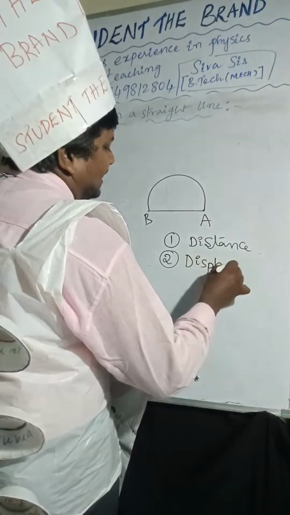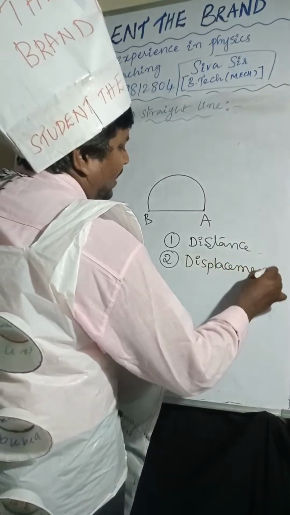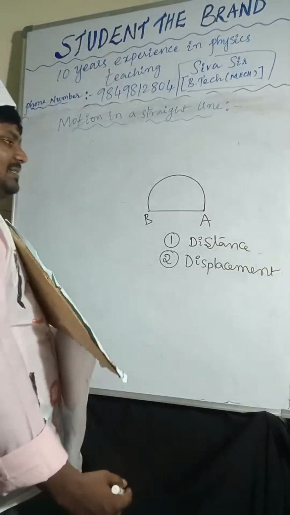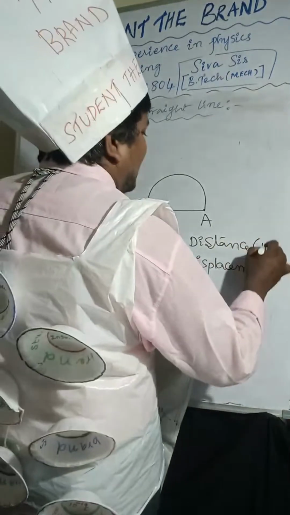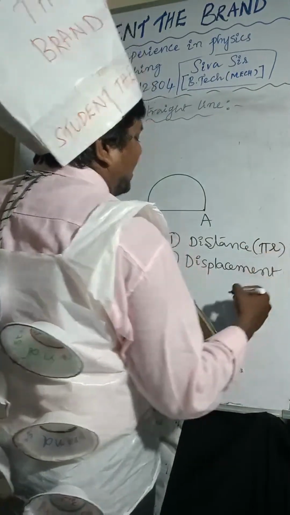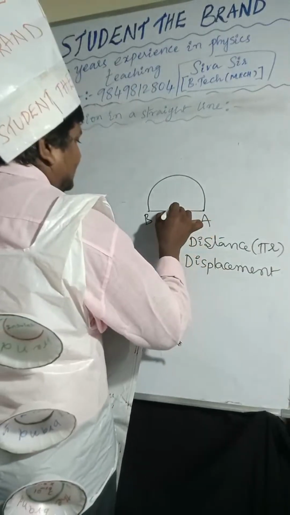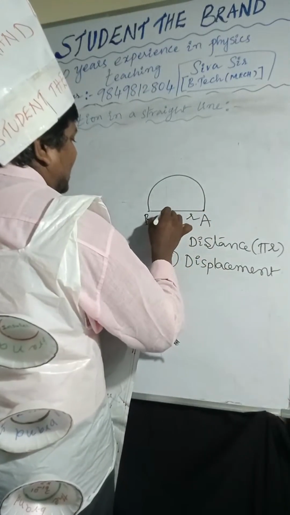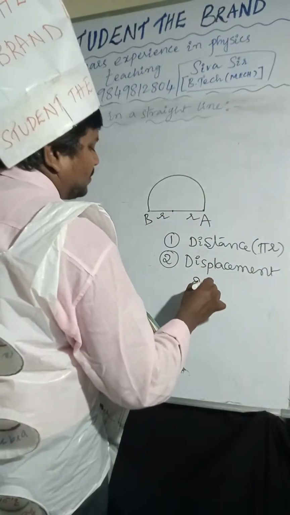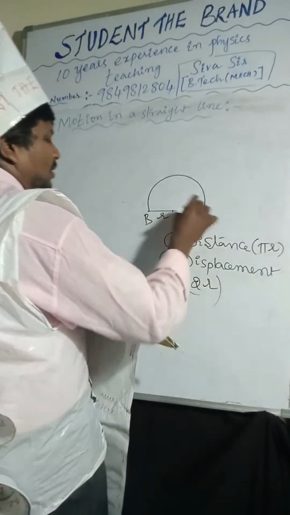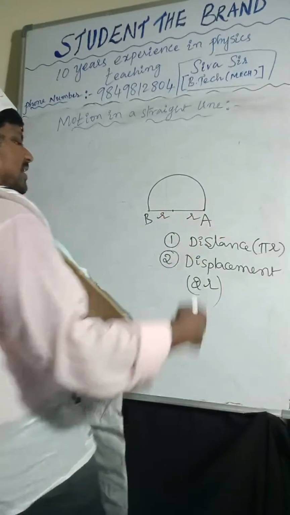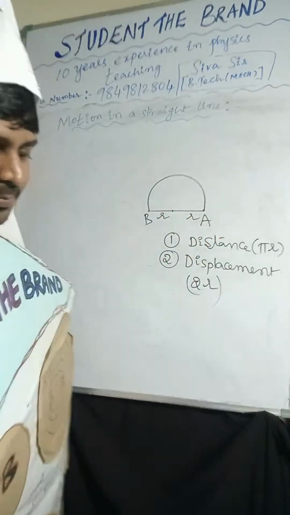Let me know, everybody. Distance is pi r. Displacement: taking this as radius r, displacement is 2r. The shortest path from initial point to final point is called the displacement.